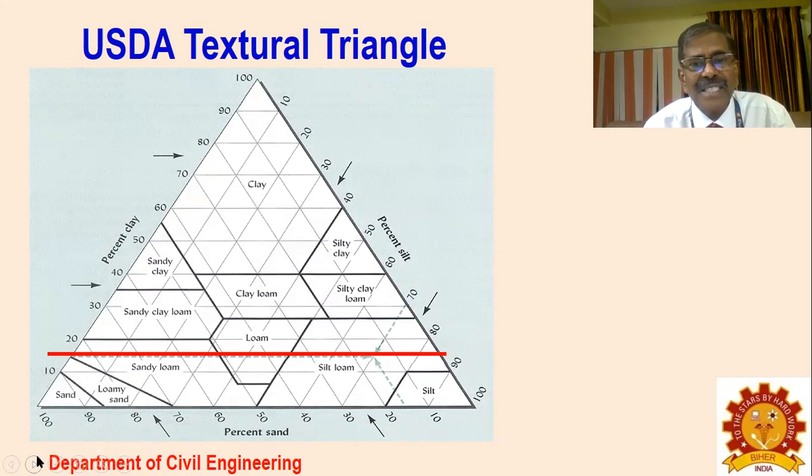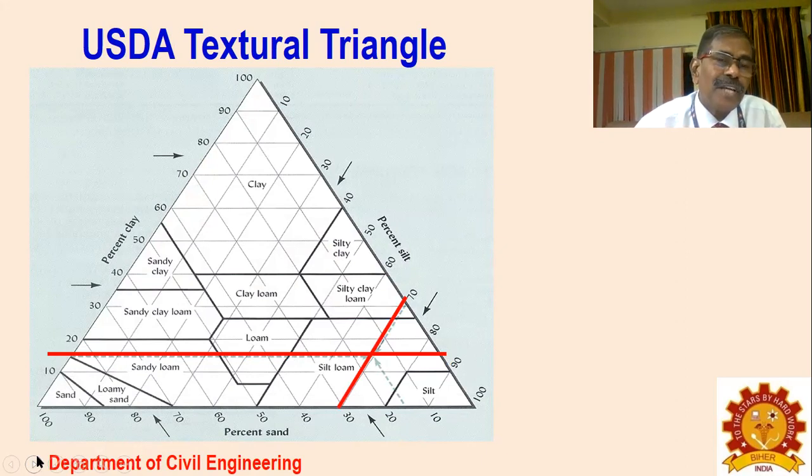Now this silt is again divided into silt and then clay. Most of the material below the slashed red line is called silt because it is less than 30%, and the percentage of silt here is 10%.